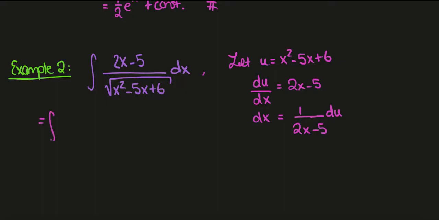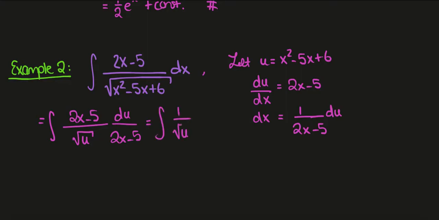Then our given expression becomes 2x minus 5 divided by the square root of u, because of our choice, times du over 2x minus 5. But that's now just the integral of 1 over the square root of u du. To simplify things, we can write this as u to the minus 1/2.